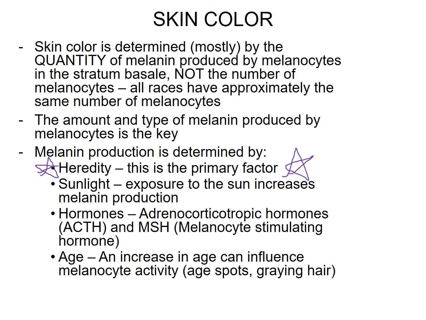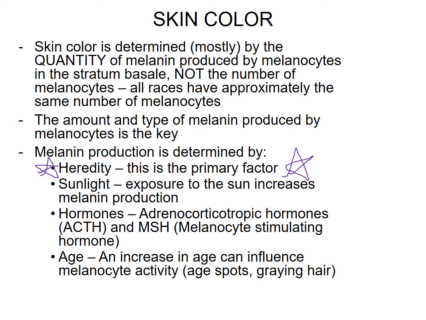Even if you have really dark skin, your skin can become darker by going out in the sun. Your hormones can also play tricks on you. If you have some type of adrenal gland or pituitary gland issue, you can release an excess amount of hormones, which can cause a bronzing appearance. It sounds cool, but it's not. It means your hormones are messed up, so you don't want that.